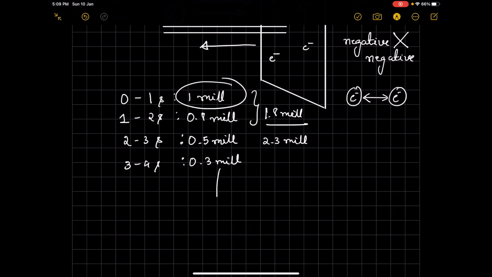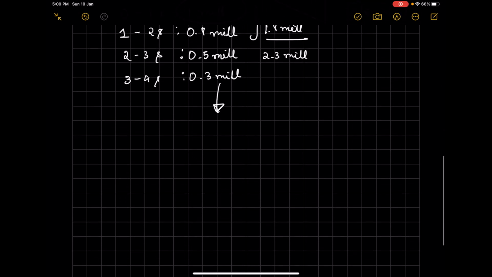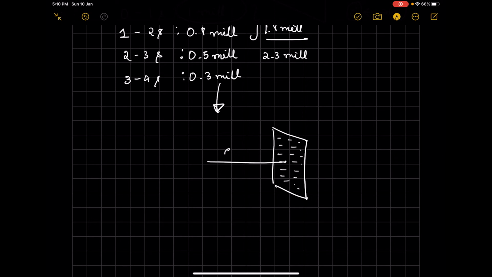So this keeps on continuing until there will be a point where the number of electrons on the plate is so large it will oppose any new electron from coming and sitting on the plate. That is when we would call the system to be in equilibrium.